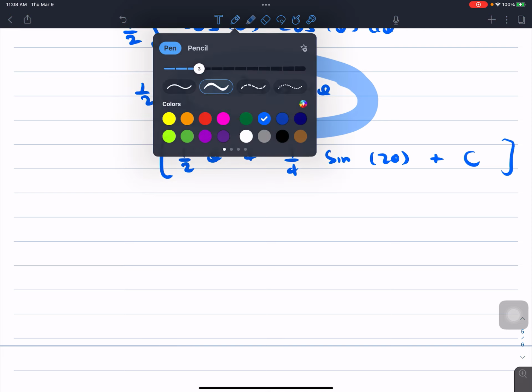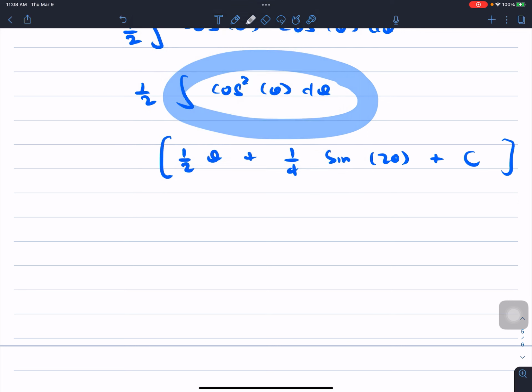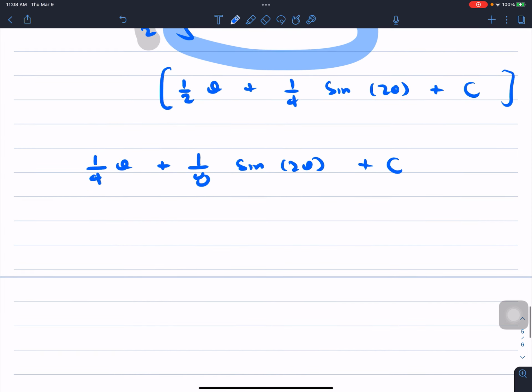But don't forget, because of the u sub, it had the constant 1/2. What does that give you? 1/4 theta plus 1/8 sine 2 theta plus c. And then what is sine 2 theta? 2 sine theta cosine theta.